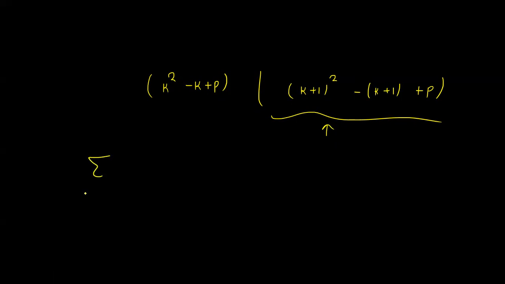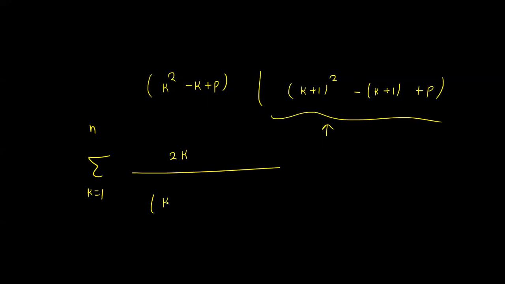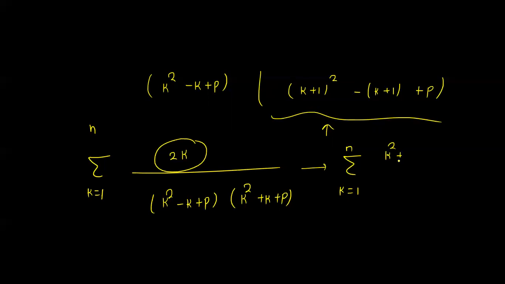So the summation becomes, k from 1 to n, 2k divided by, instead of this we can write, (k square minus k plus p) multiplied by (k square plus k plus p), and 2k we can write in this way: (k square plus k plus p) minus (k square minus k plus p), the difference of the two terms which are in the denominator.